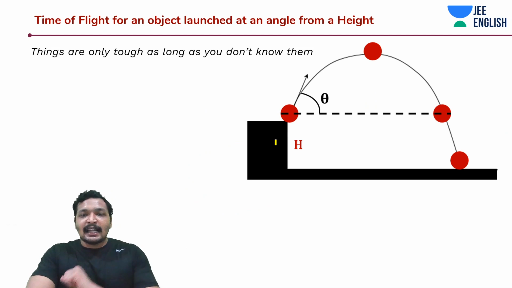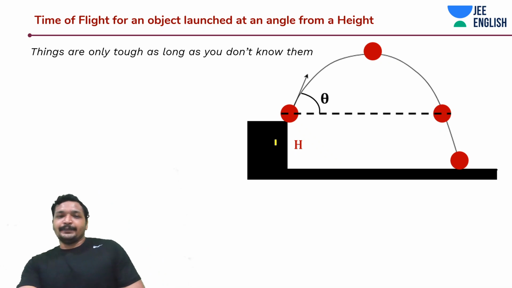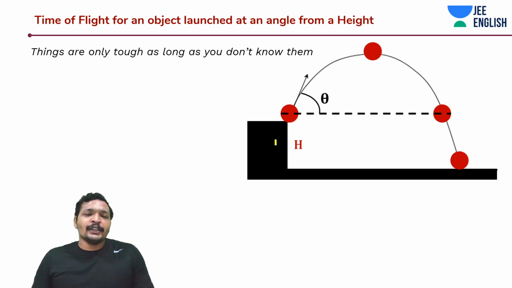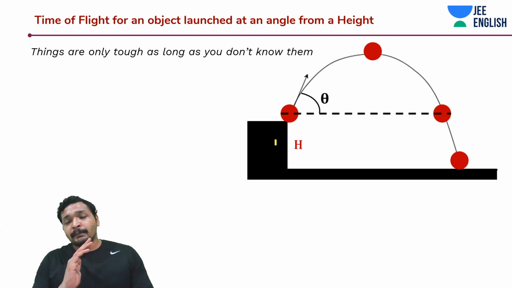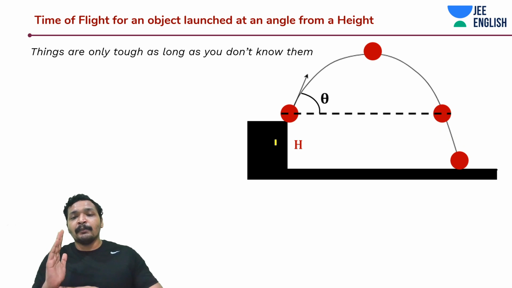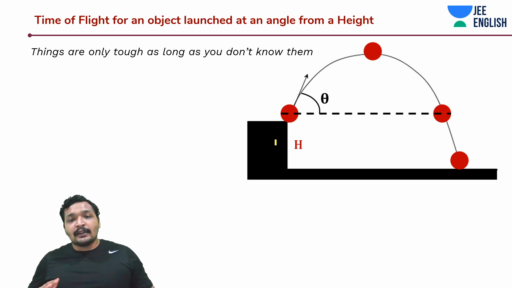Alright guys, this is another special case of projectile motion. So now what we are going to do is, we are going to project this object from a height edge or from a building that is at a height edge in an ideal projectile motion path, just in the regular projectile motion path where you give momentum both along x and y axis, and in this case you're projecting it at a certain angle theta.